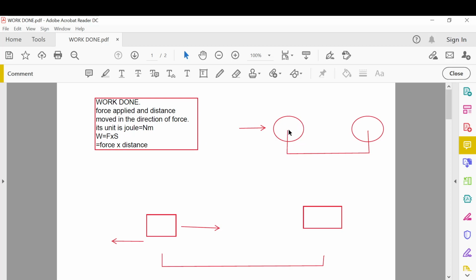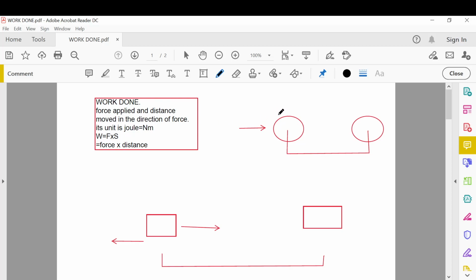Here is a ball of any kind of mass, and there is a force acting on the ball to push it, and the ball finally moves from position A to position B. Let me give some values.